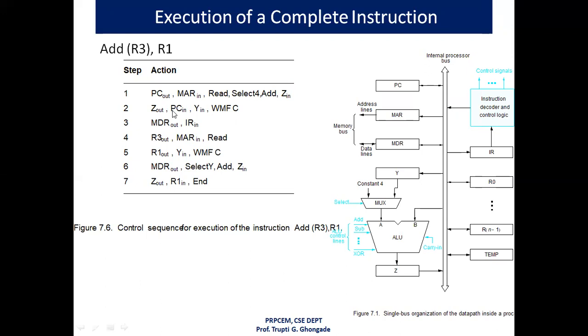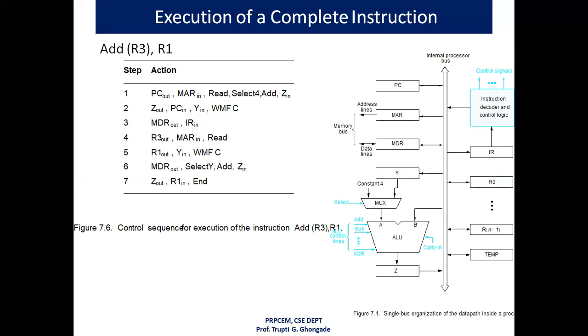Each step in this sequence, for example step 1, 2, 3, 4, 5, 6, and 7, is completed in one clock period. Your processor works with the clock cycle.